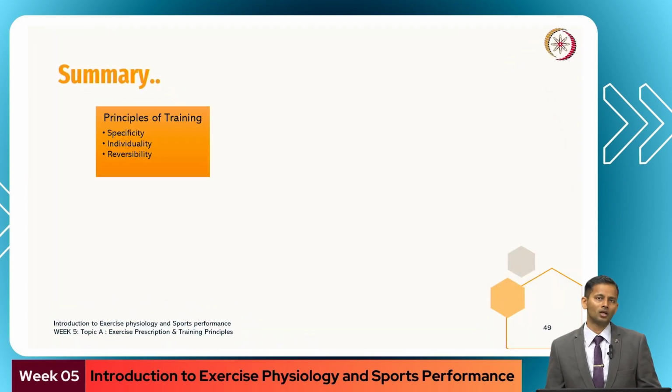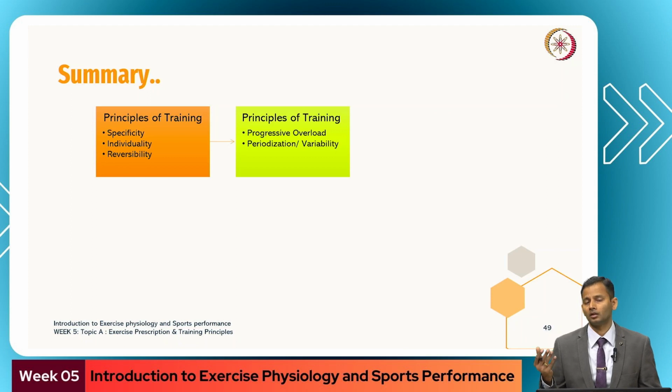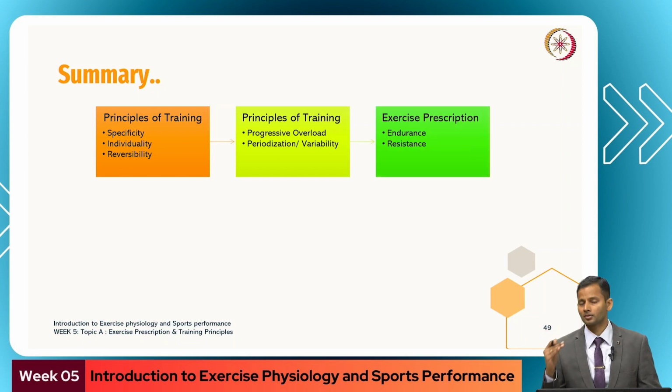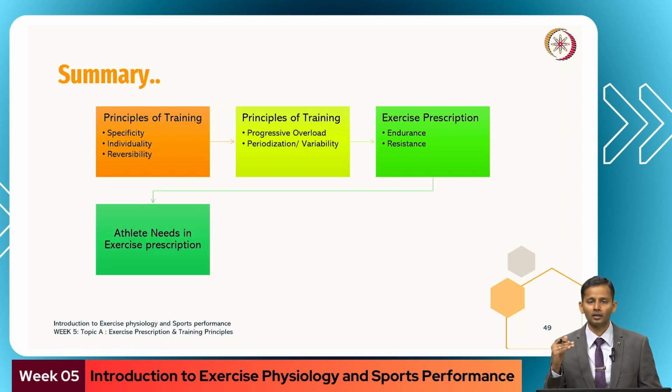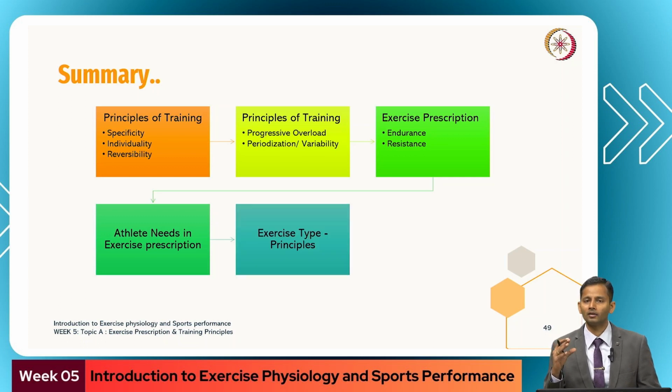To summarize, the principles of training are five, which we discussed: specificity, individuality, reversibility, progressive overload, and the principle of periodization or variability. The exercise prescription again varies with respect to endurance training or resistance training, and it needs to consider the athlete's needs and the sport's needs.